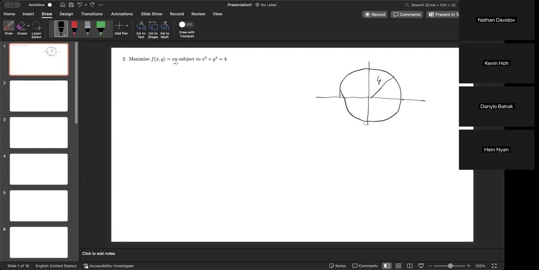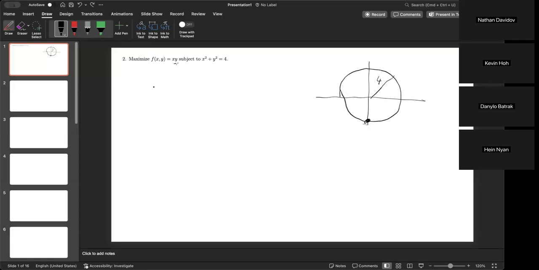So probably the minimum will be this point here, which is 4 comma, what point is this? Oh, 0 comma minus 4. So okay, let's try to find the maximum.